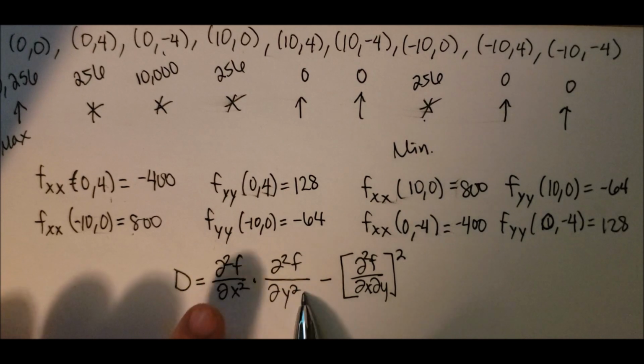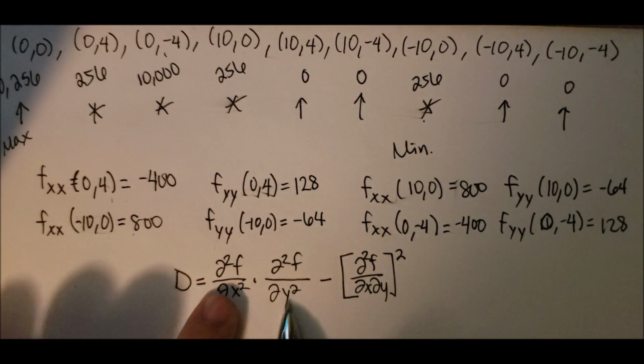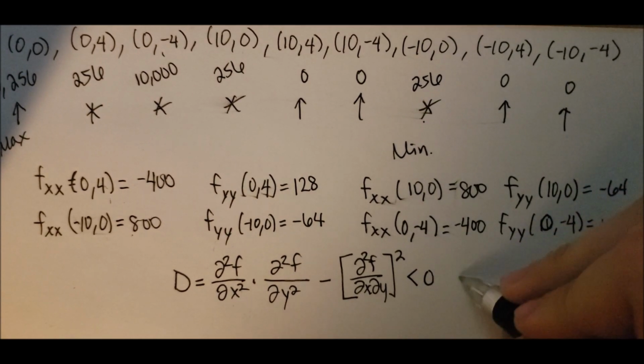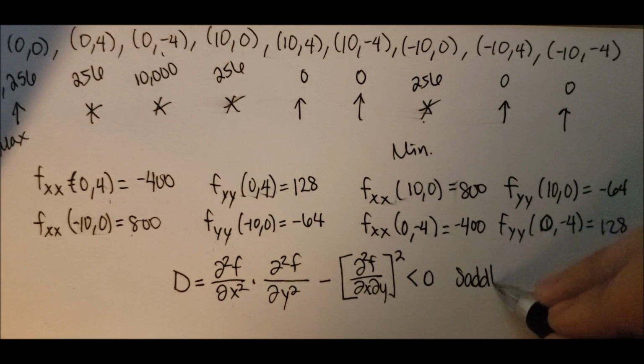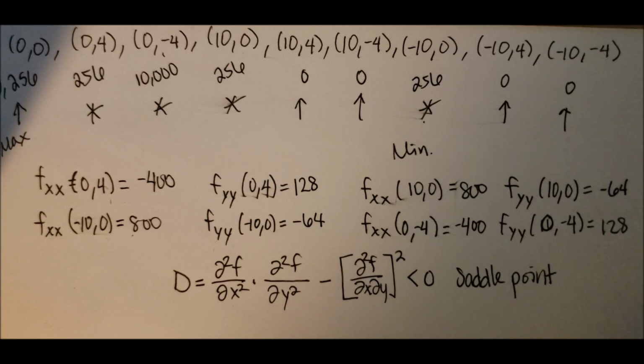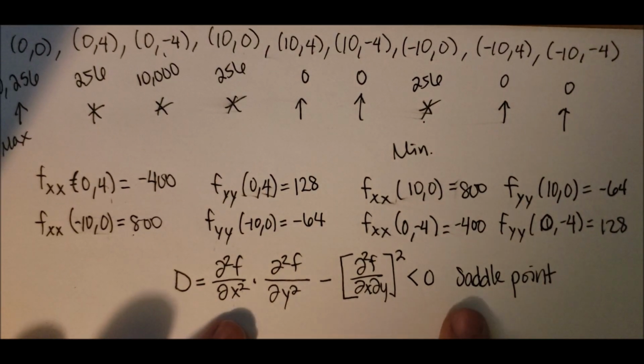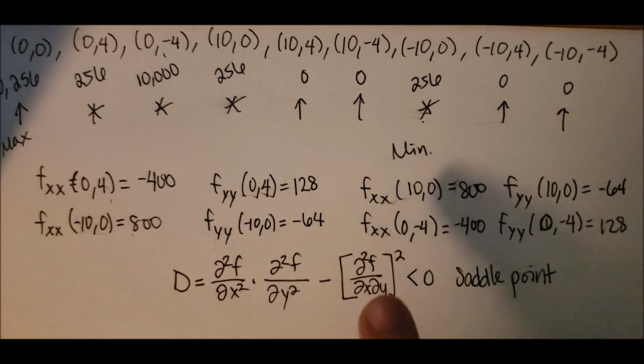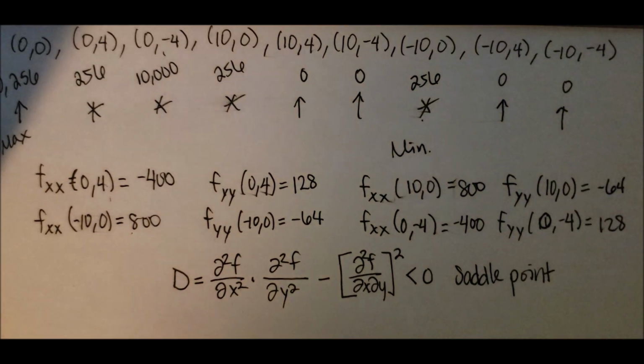So when these are opposite sign, you're going to have a negative. And when D is less than 0, that is a saddle point. So when these are opposite sign and the mixed partial is 0, like in this case, you have a saddle point.